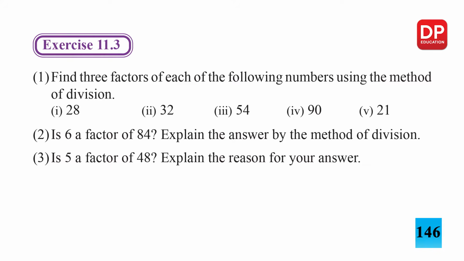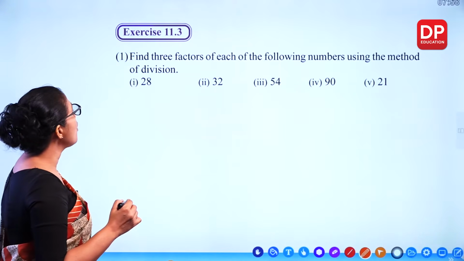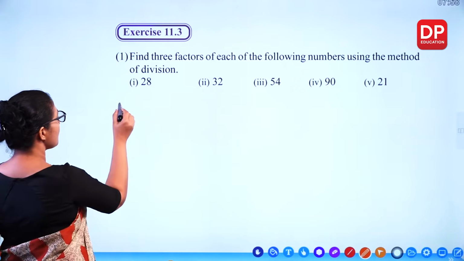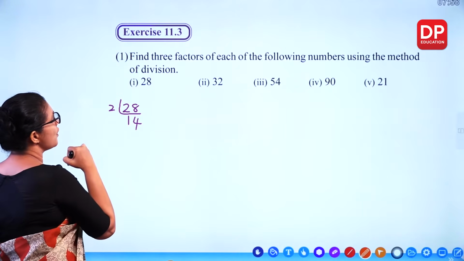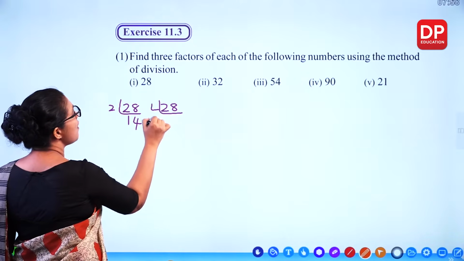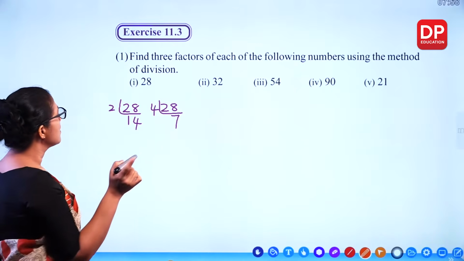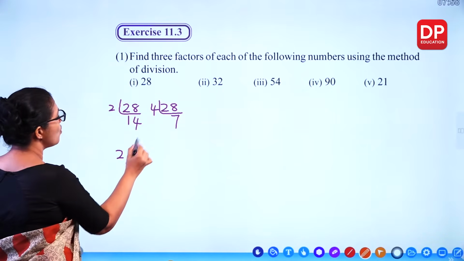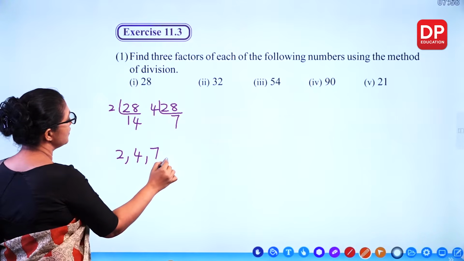Exercise 11.3. Find 3 factors of each of the following numbers using the method of division. 28, I can divide by 2. You get 14. Again, 28 I can divide by 4. 7. So, you need only 3 factors. So, I can write 2, 4, 7 and 14 also possible.